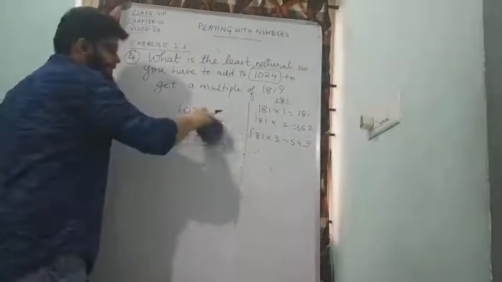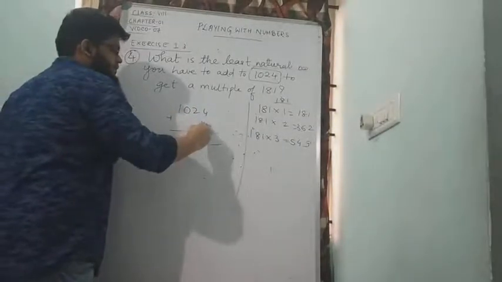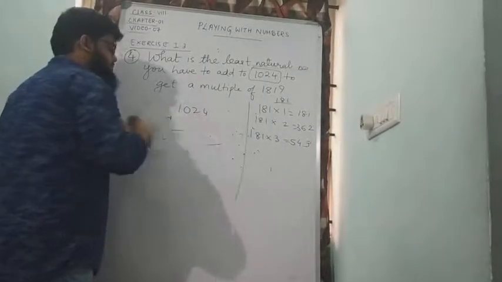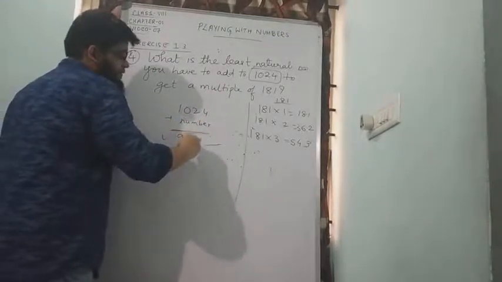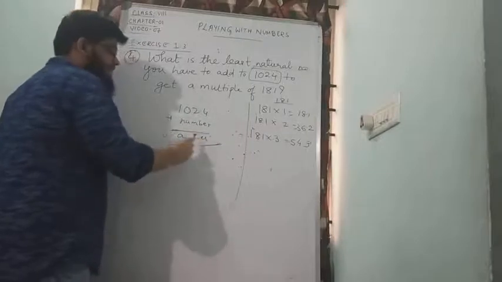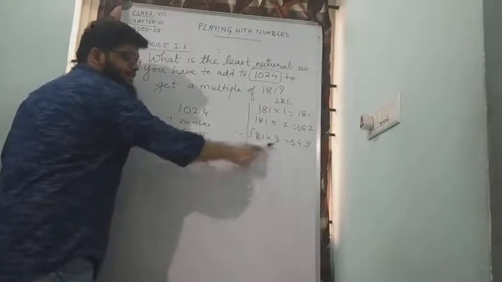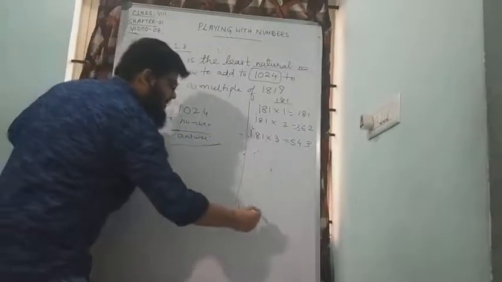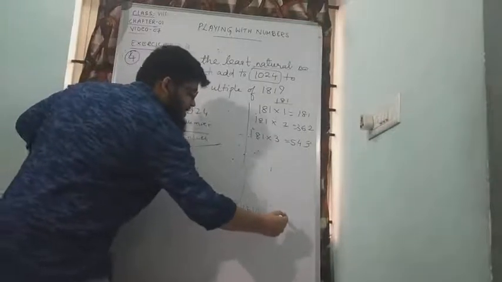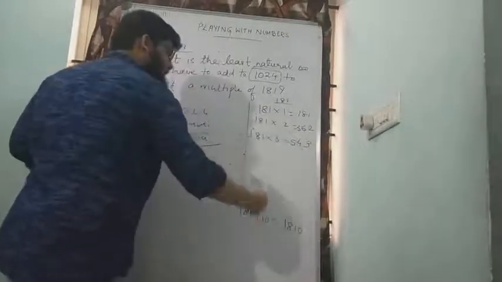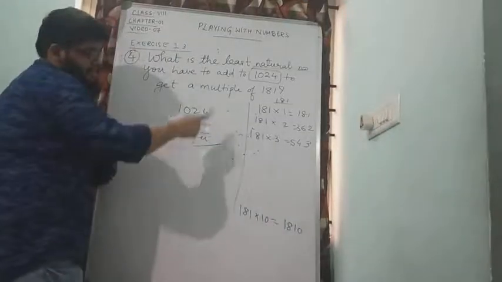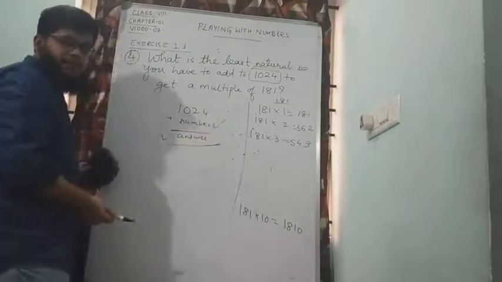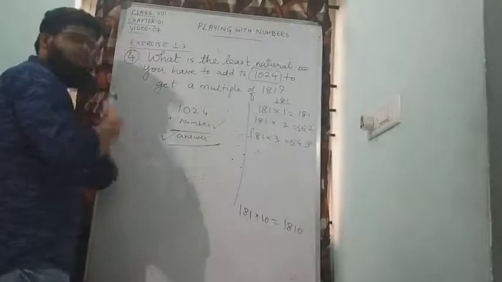So try different numbers here and get an answer, and check if that answer will come in the table of 181. 181 tens is 1810. So try to fill the entire table and check. If the answer comes in the table, that means you are talking about the right number. If it does not come, keep changing.